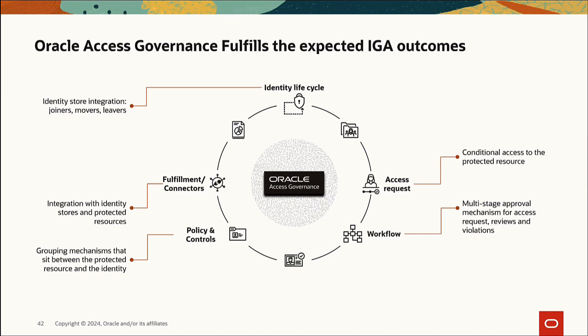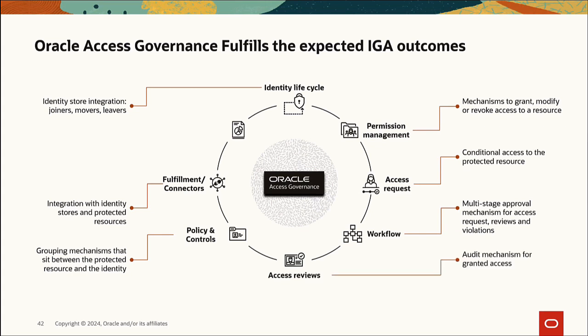It could be automated, could be manual, depending on how you want to configure that approval workflow. And then once you're approved, that's it. You've been assigned that access bundle. And then the access governance is going to provision those policies in whatever target system, or if it's OCI, will make sure that you're assigned to the relevant group so that you can have access to the downstream target system. Right?